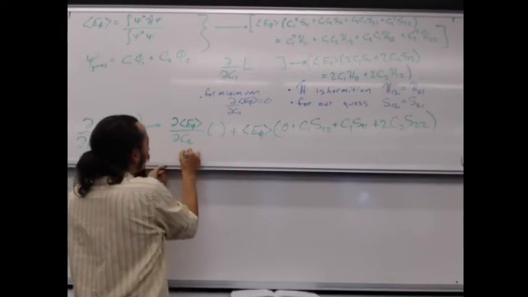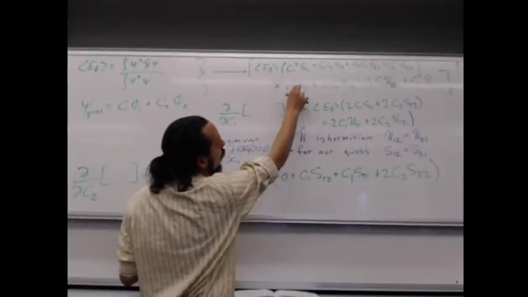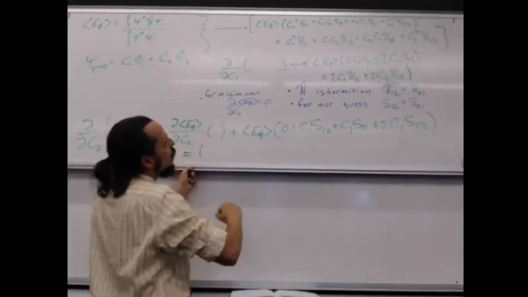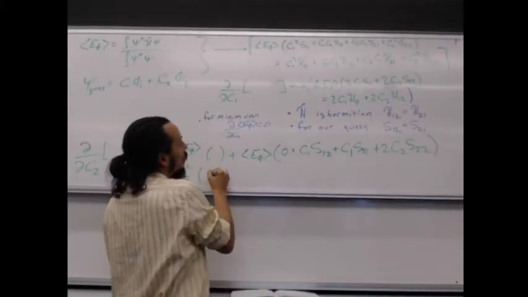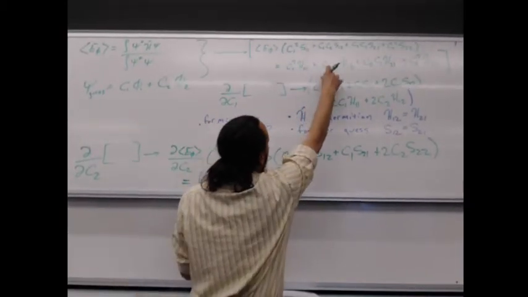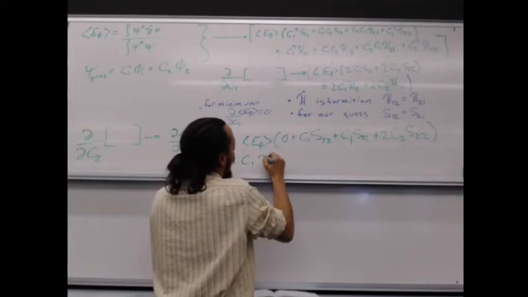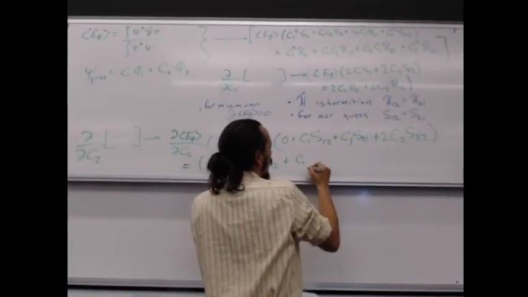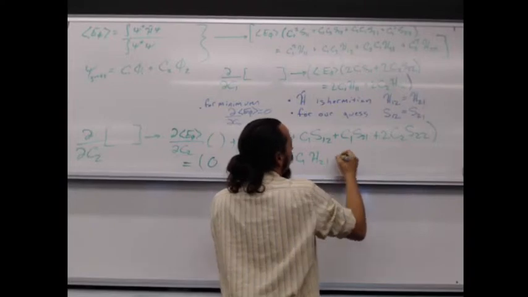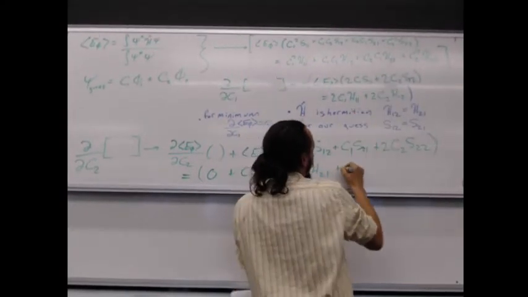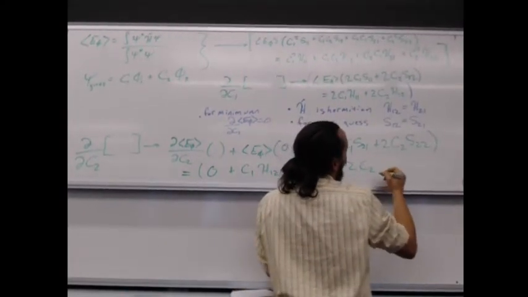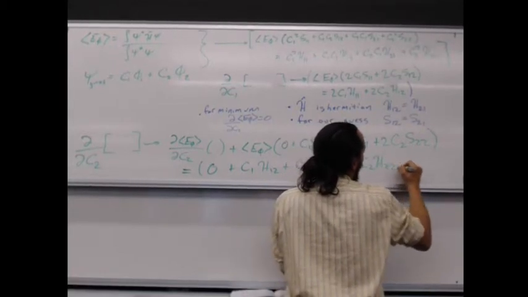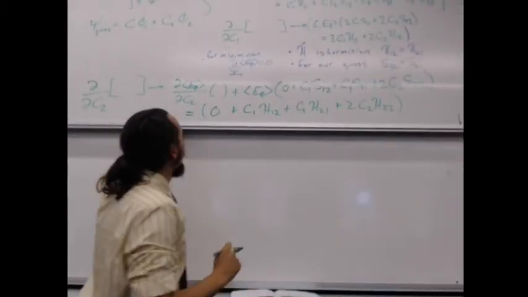And then this is all going to be equal to the derivative of this side. So I'm going to have a 0 term plus a C1 H12 plus a C1 H21 plus 2 C2 H22. And essentially, we can look at this and say, wow, what a mess did we just make?